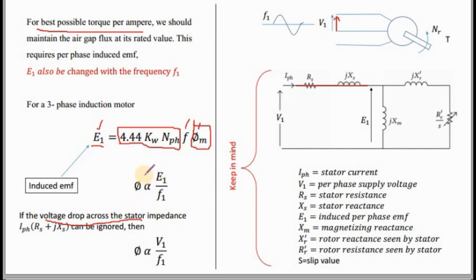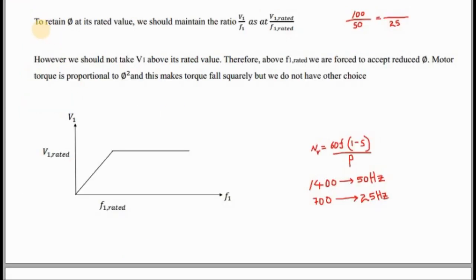So you can modify this equation like this: psi is proportional to V1 divided by F1. To retain psi at its rated value, we should maintain the ratio V1 divided by F1 as V1 rated divided by F1 rated.